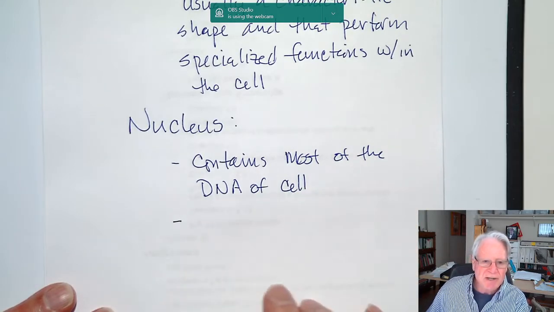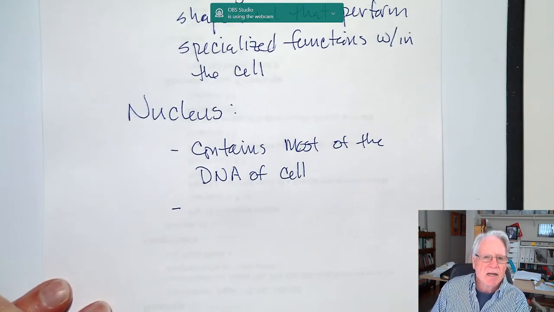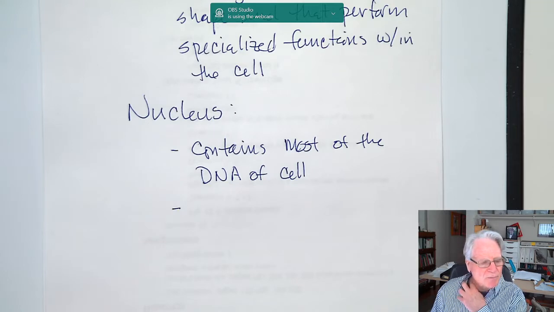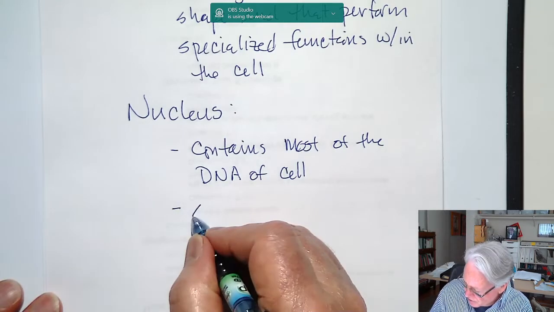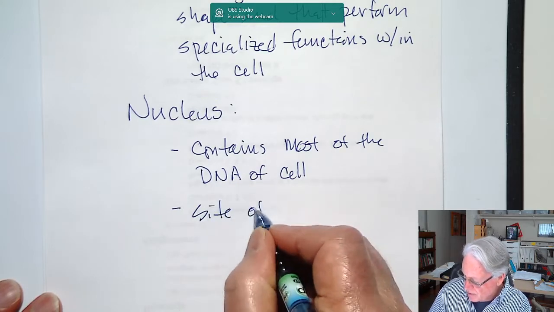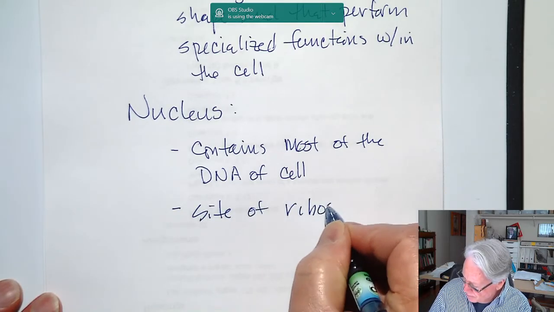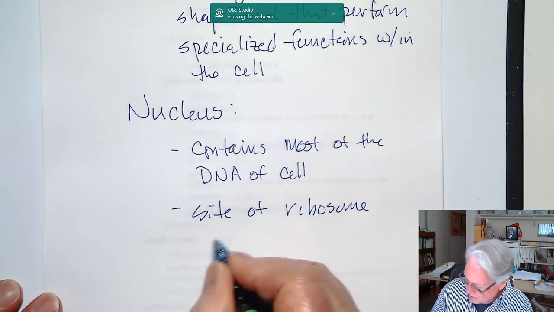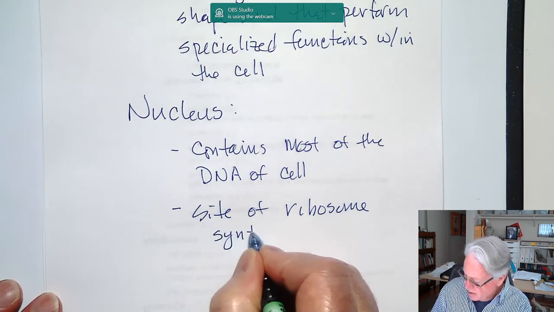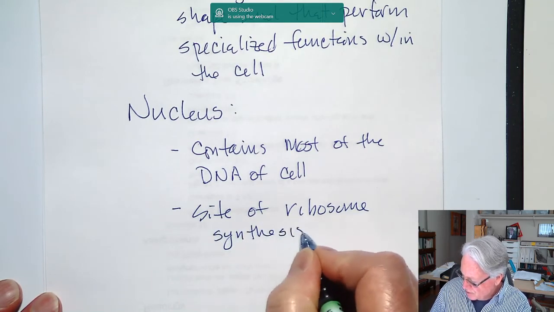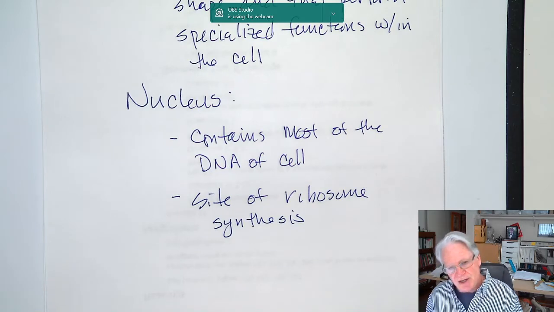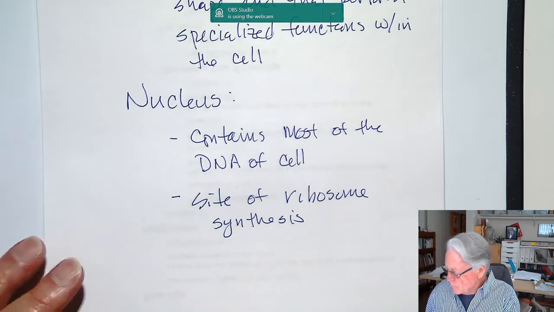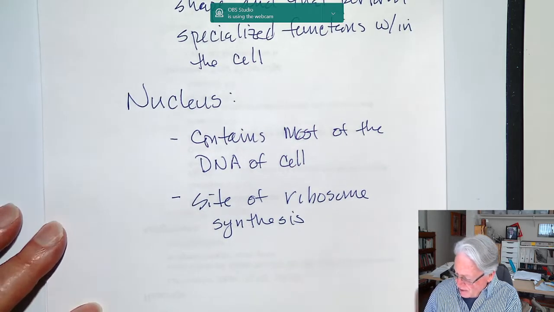This is where we find our genes that code for different proteins. And this is also the site of ribosome synthesis. So we build ribosomes here in this structure, which we'll talk about their function inside the cell later on. Okay, so that's the nucleus.